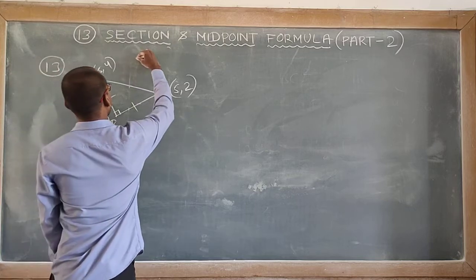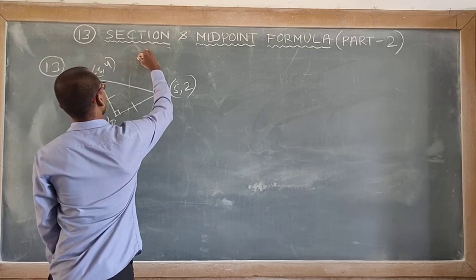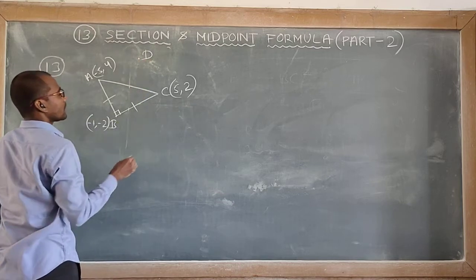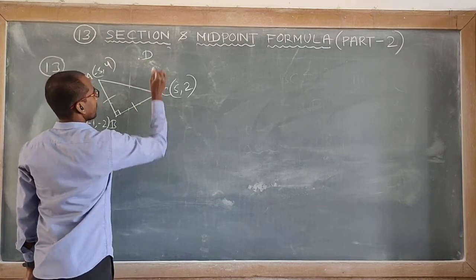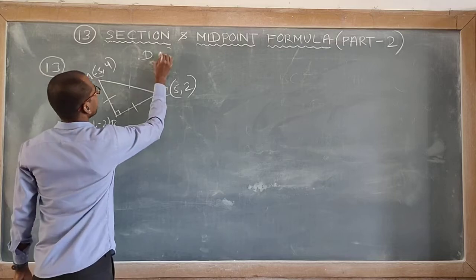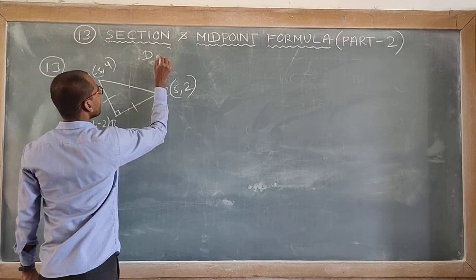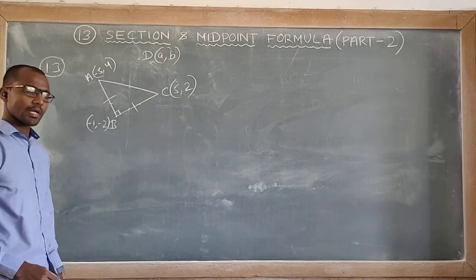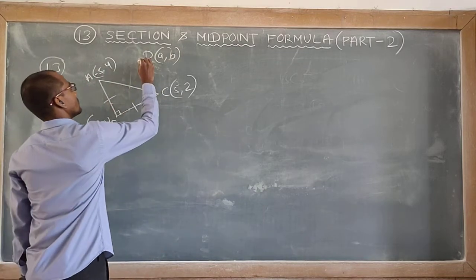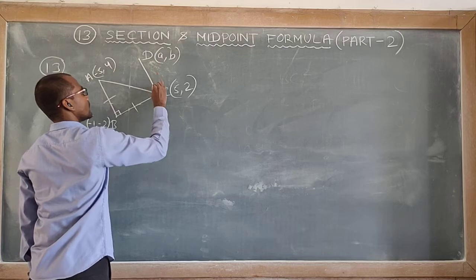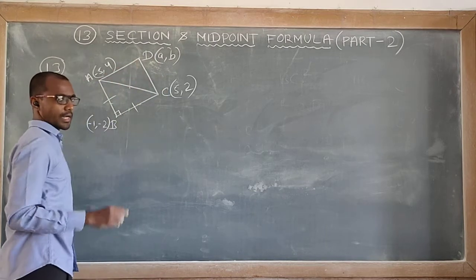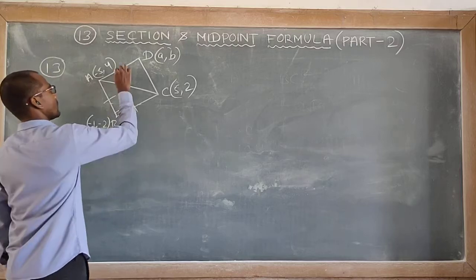So D must be somewhere here. Let this point be D. Let the coordinates be a and b. So join CD, join AB, and it is square.